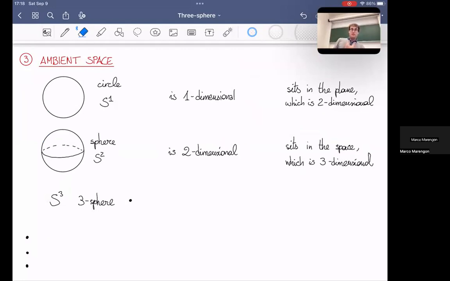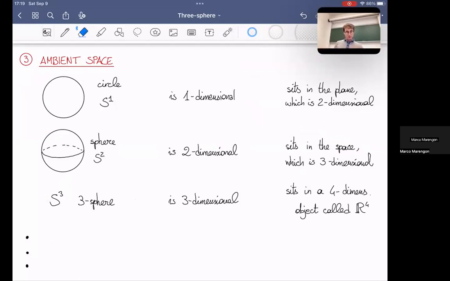And now let's move to the three sphere. The three sphere is defined as a three-dimensional object. And now you can imagine that if you really want to see it in its full entirety, so not just as R3 union a point at infinity, then what you need to do is to go one dimension up.